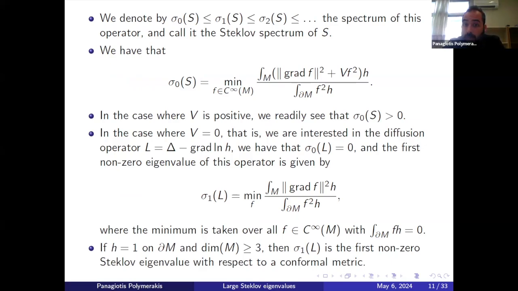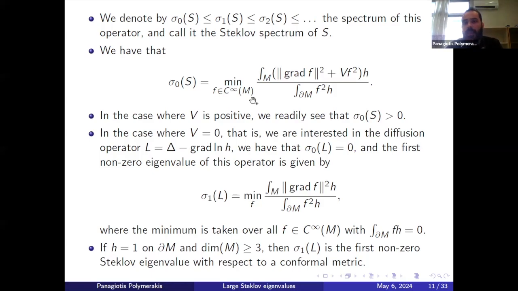And again, from Rayleigh's theorem, we are able to derive some expression for these eigenvalues. We readily see that the smallest eigenvalue of S is given by the minimum of Rayleigh quotients over all smooth functions on our manifold. So initially, from Rayleigh's theorem, we get that the smallest eigenvalue is the minimum of these quantities over all S-harmonic functions on the manifold.